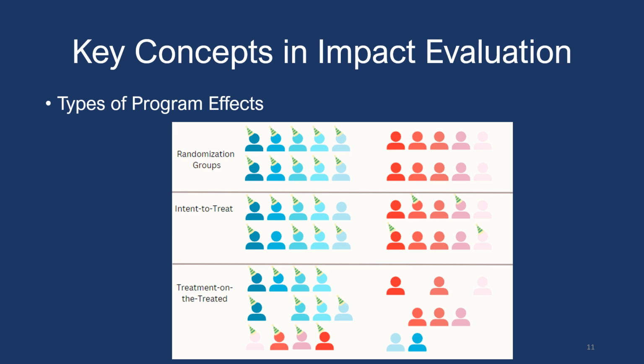As we can see, 2 of our intervention individuals did not participate. They lost their little party hats. Similarly, 4 of our control group managed to access the program somehow. So they actually received the intervention when they weren't supposed to, and they gained the little party hats.